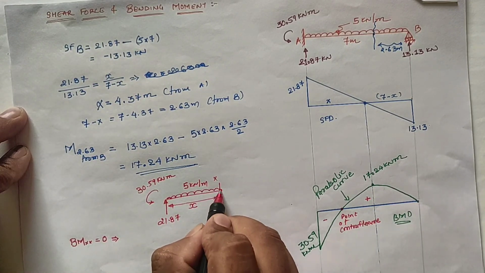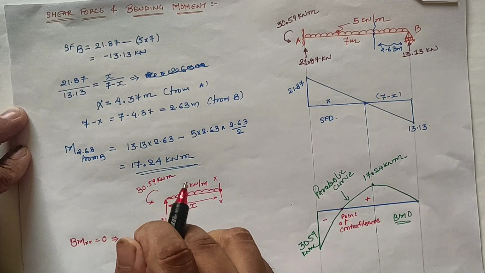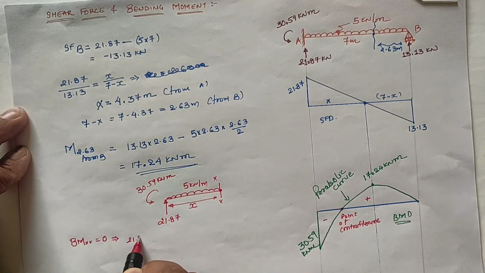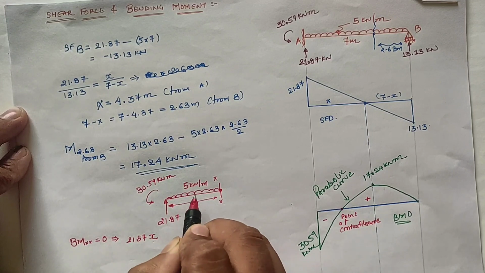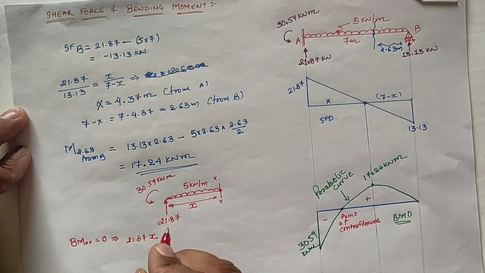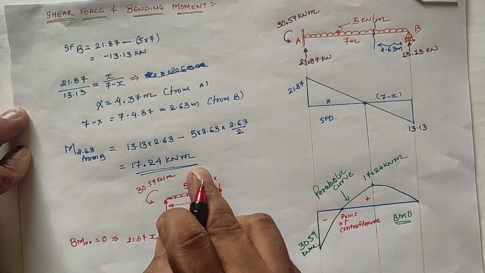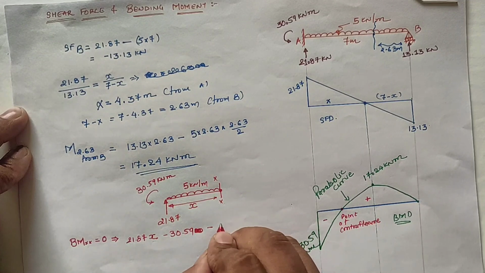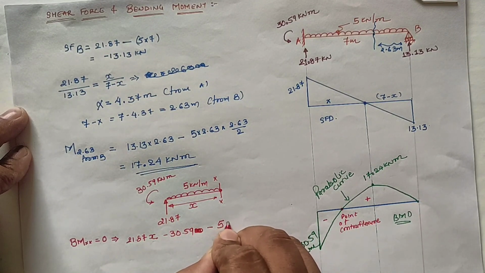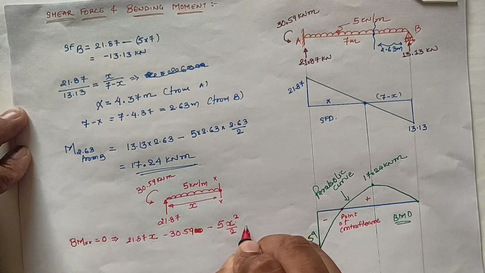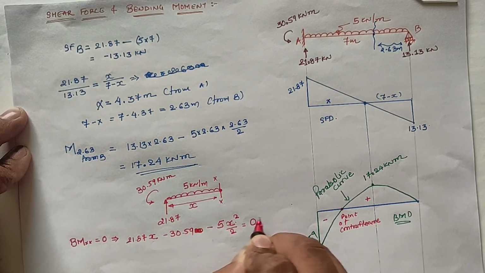Hence the moment at section xx is 21.87 into x in clockwise direction, minus 30.59 for the anticlockwise moment, minus the UDL moment, load into distance by 2, as 5 x square by 2, which must be equal to 0.